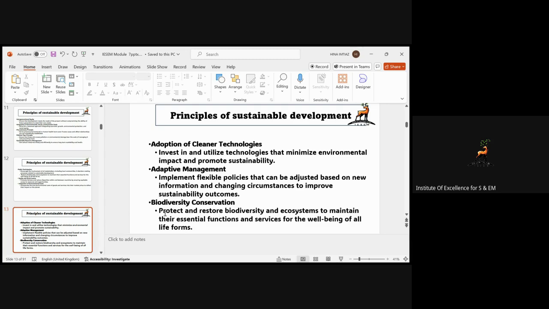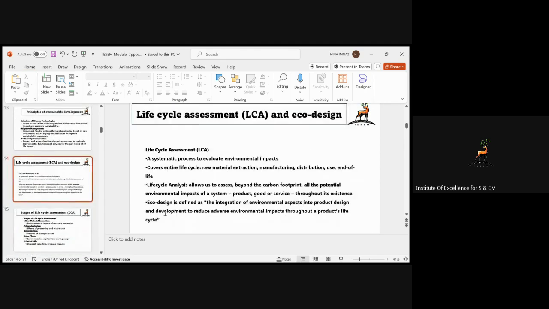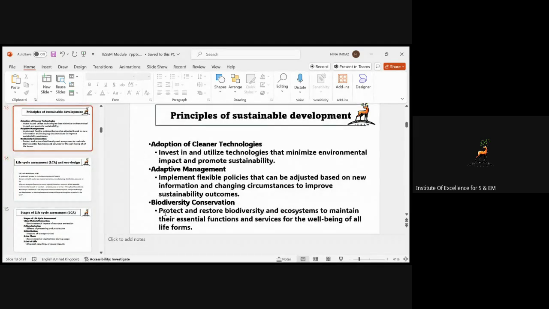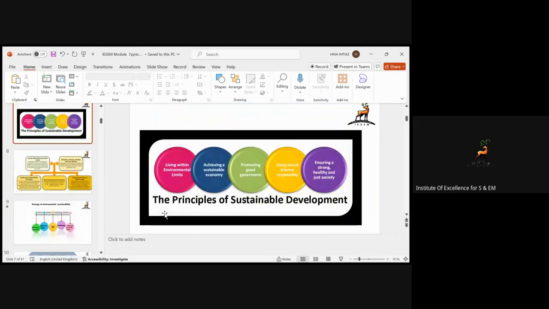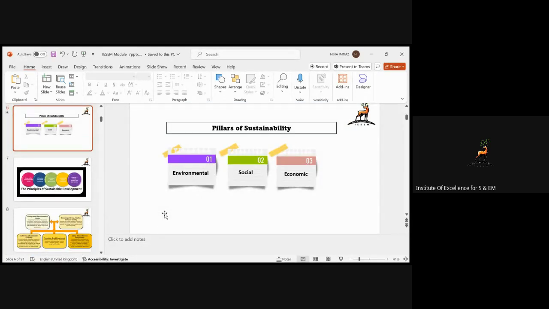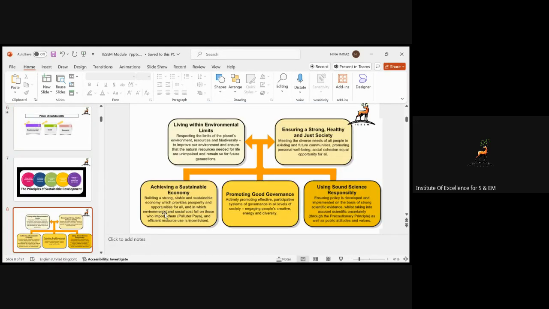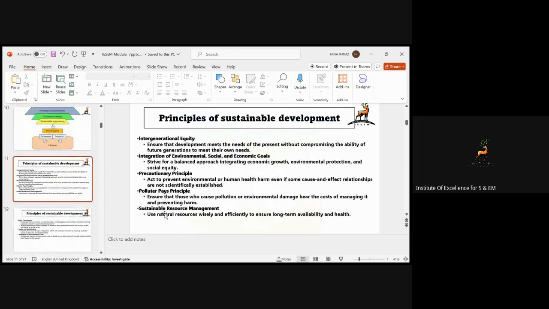So only by adopting such new methods can we achieve sustainability. And again, we have to protect and restore the biodiversity. Okay, so here I am going to end the first topic, which is what is sustainability and what are the principles of sustainability.